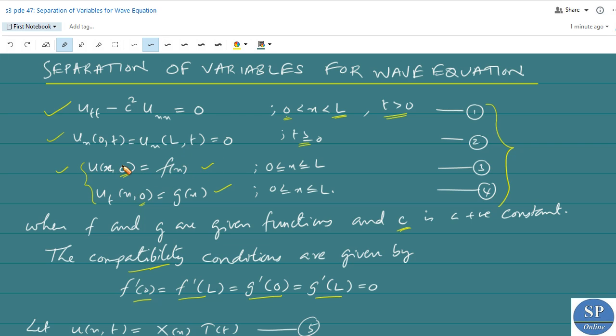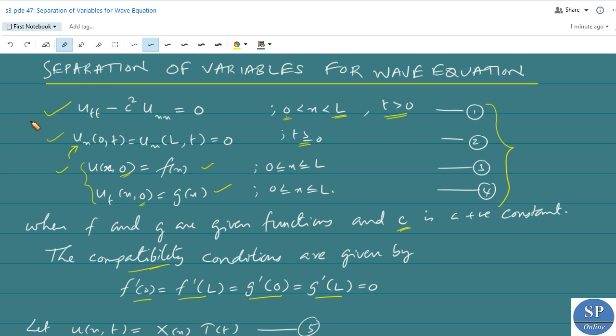So this initial condition is compatible with this boundary condition only when f dash of 0 equal to 0. That is f dash of x is equal to u_x at x is 0, which from this we get 0. And g dash of x is also u_t x at x is 0. So g dash of 0 is equal to 0. And similarly we have f dash of L equal to 0 and g dash of L equal to 0. So we have this compatibility condition.